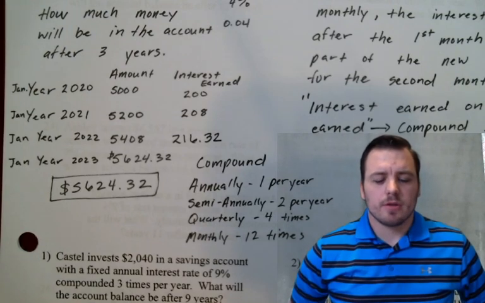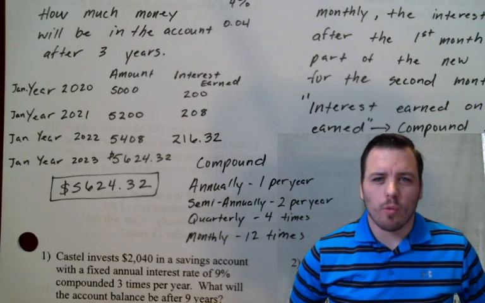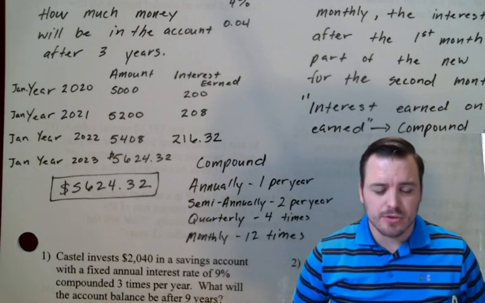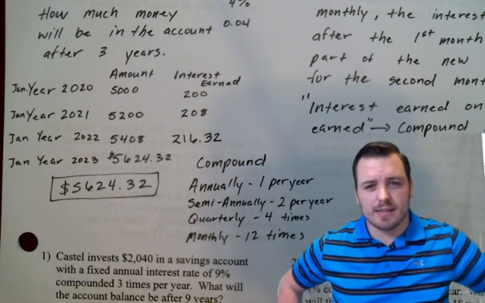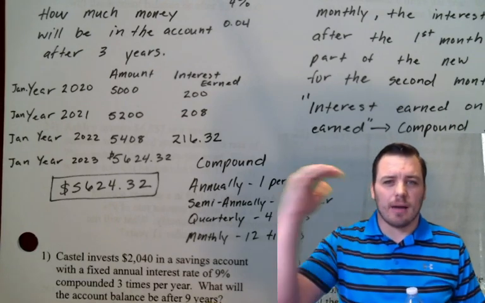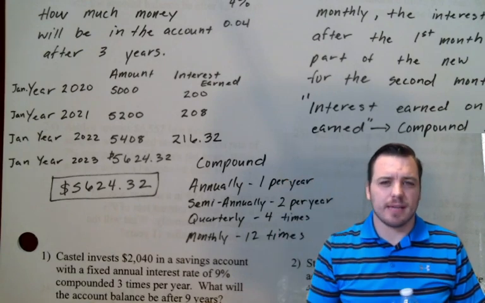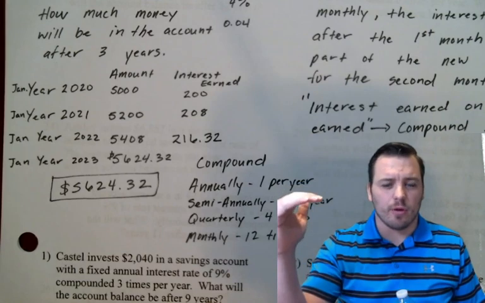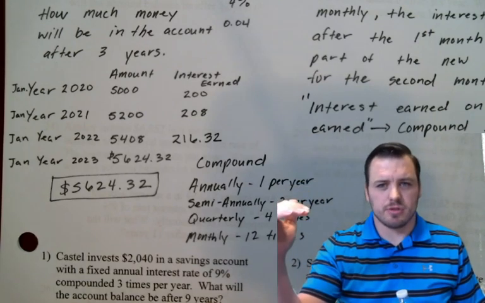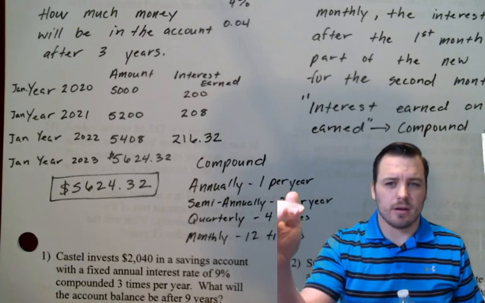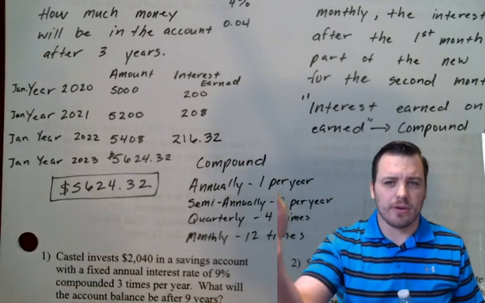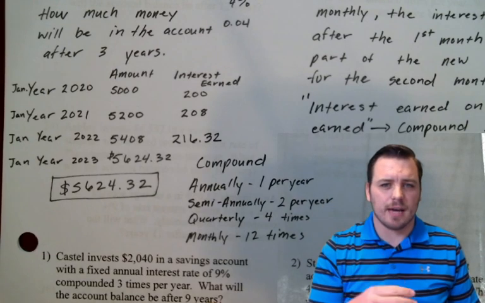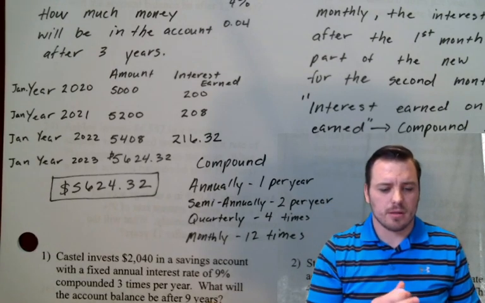Now, someone type in the chat box, which one do you think is best for you and your money to grow? Which one is best? Banks that say we're going to compound it annually, 1 time a year. Banks that say we're going to compound it semi-annually. So we're going to pay you 4% semi-annually. So after 6 months, we'll pay your interest, and then after another 6 months, we'll pay you another interest. Quarterly 4 times, monthly 12 times.